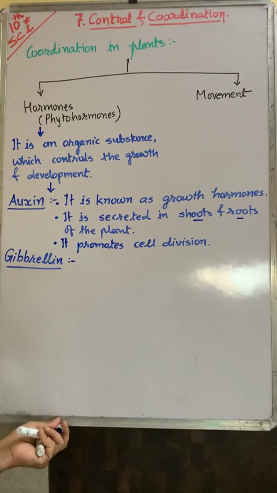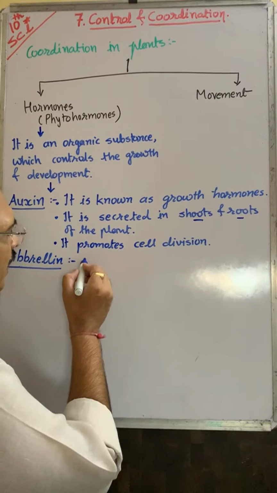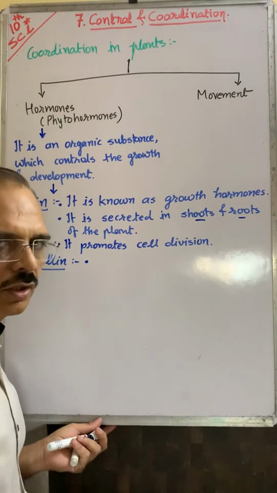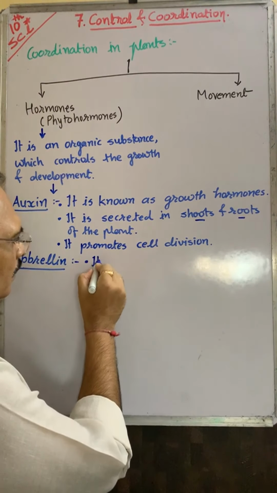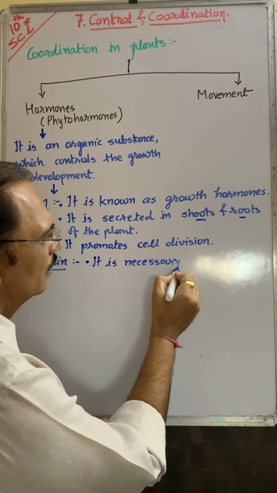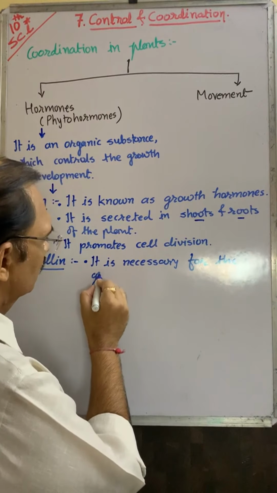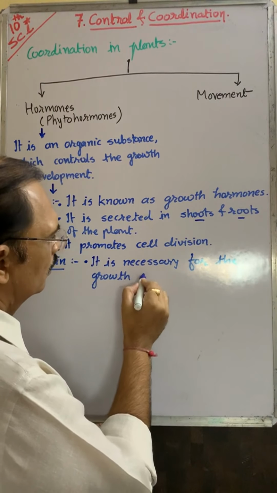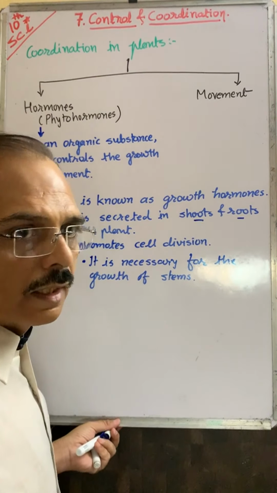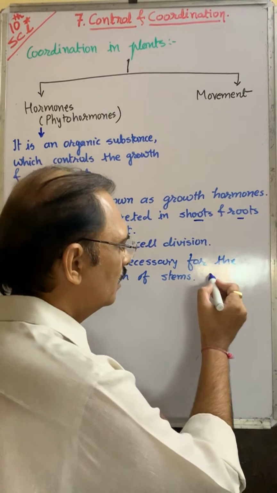Another hormone, gibberellin. It is necessary for the growth of stems. Means girth and growth.